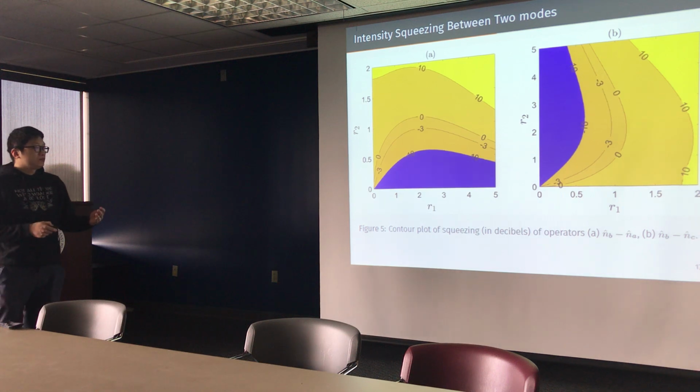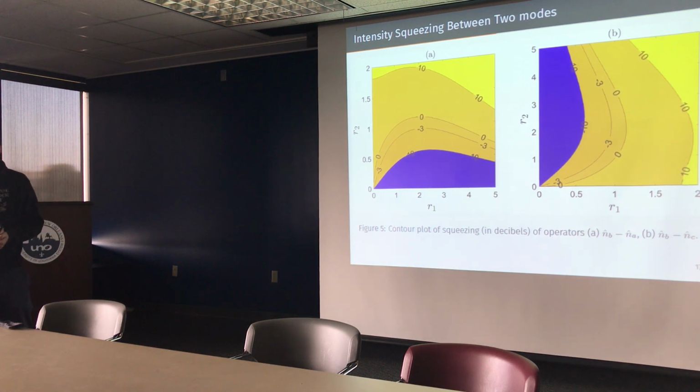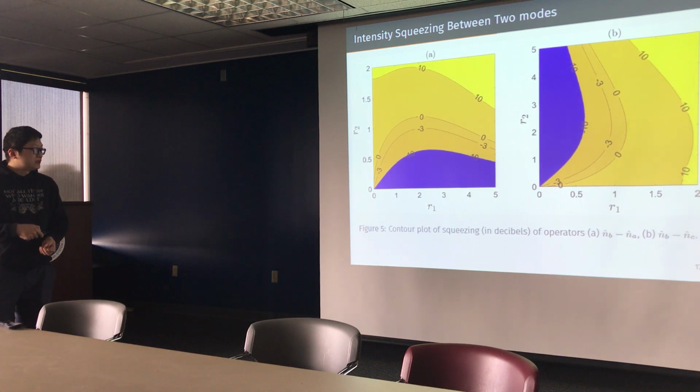So here we have somewhat an unexpected result, because since R1 is the squeezing parameter between mode A and mode B, intuitively we would think that if we fix R2 and increase R1, we will see an increase in the squeezing of NB minus NA, right?